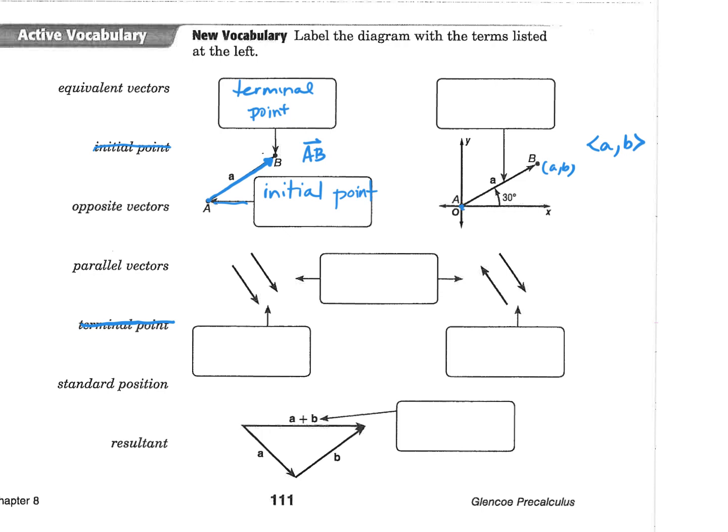Any vector that starts at the origin is in what we call standard position. Okay, so that's standard position here.